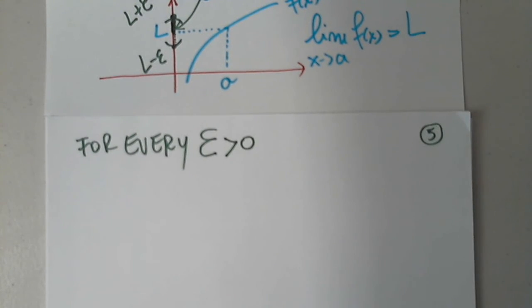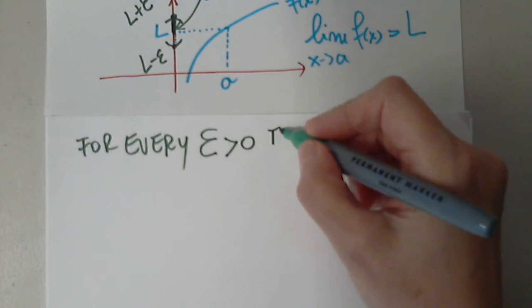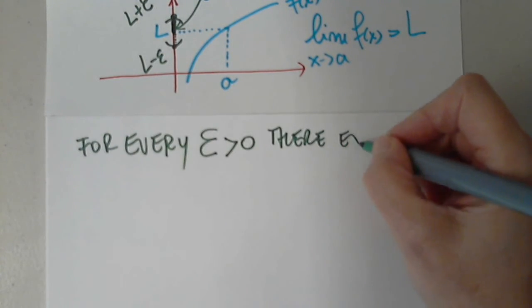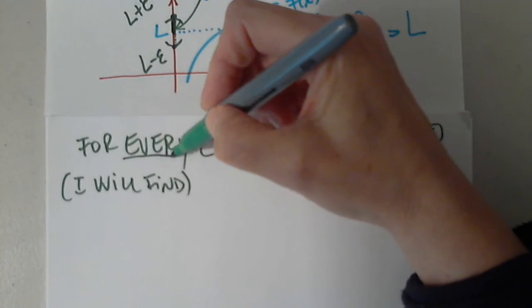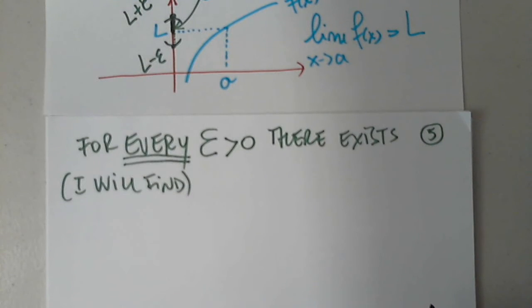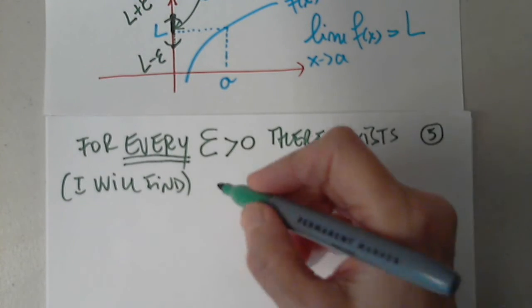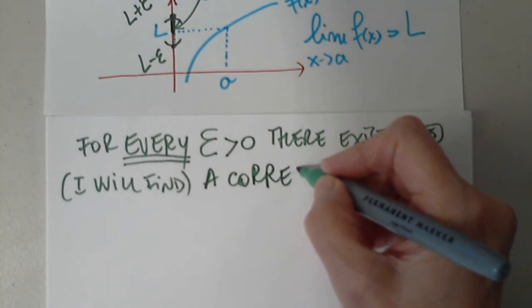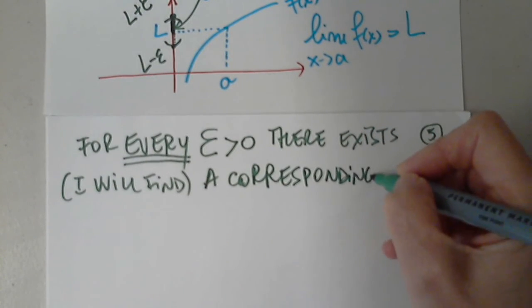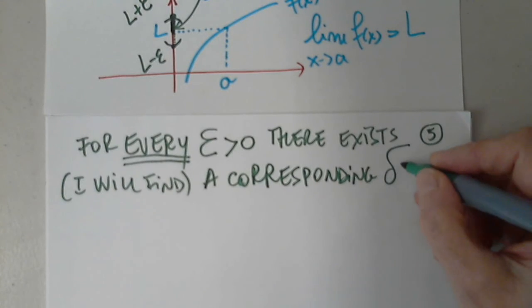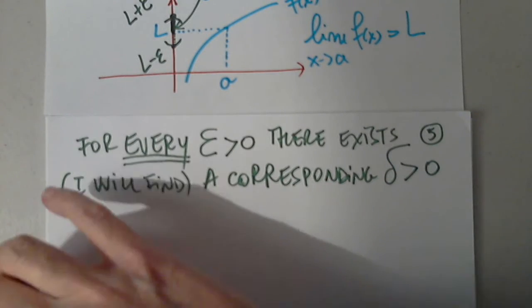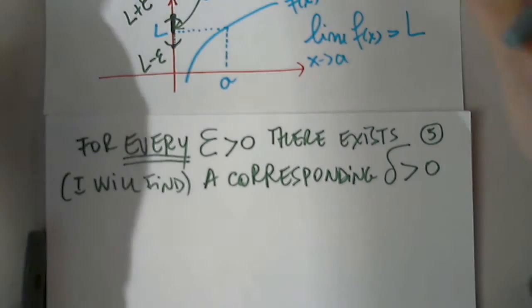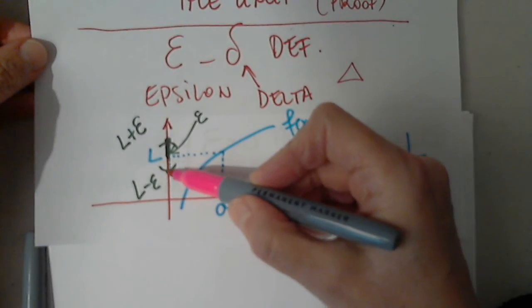For every epsilon positive number, there exists, or if you prefer, I will find a corresponding, of course, delta greater than 0. Stop for a moment. Let's go back to the graph. What am I really saying to you? I'm saying this. I draw a horizontal line.